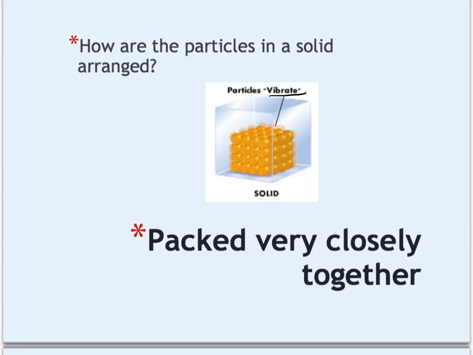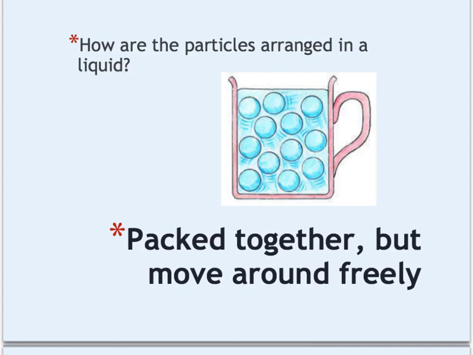Particles arranged in a liquid: here you can see they're packed together, but they move around freely. These lines that you see in the picture are showing movement. The biggest thing to understand with liquid is that they are closer together, but they do move around freely.